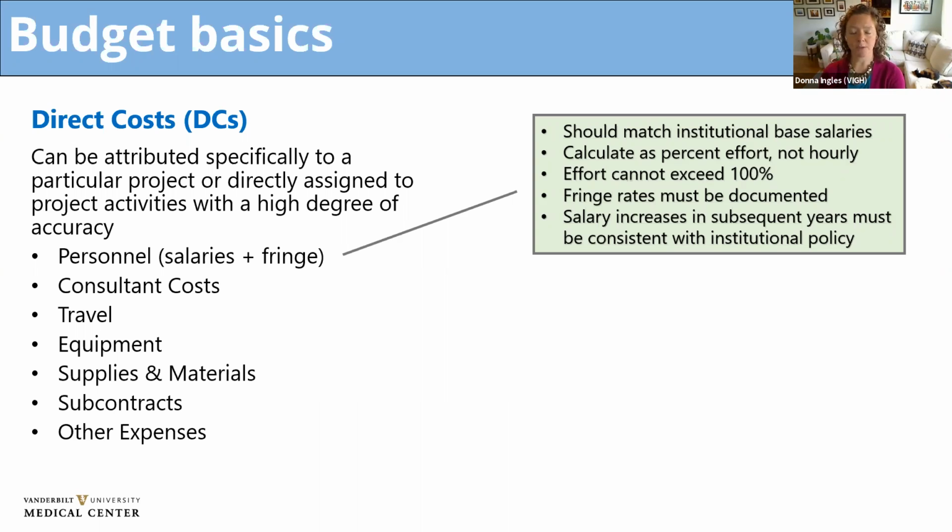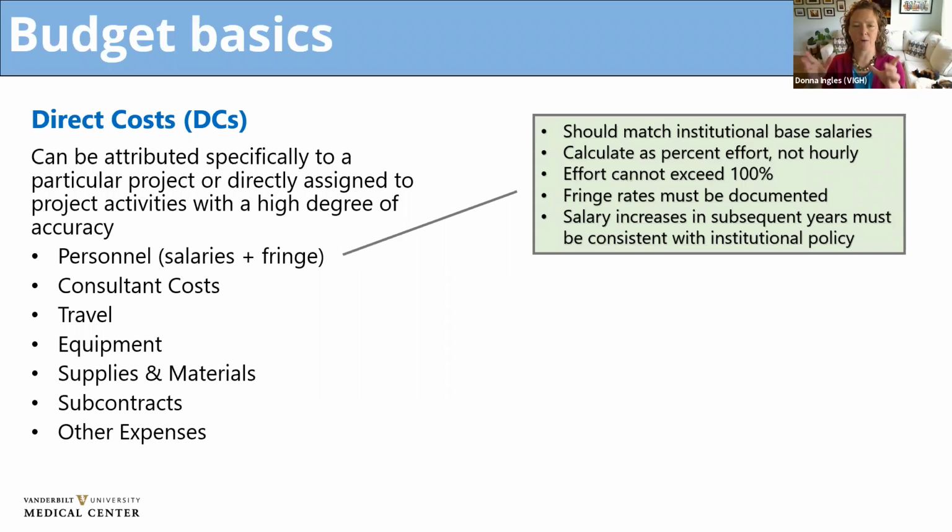Fringe rates must be documented by your institution. So if you're going to request fringe or benefits, they have to be something that's actually utilized at your institution. And then this final one, salary increases. The NIH has said that they won't necessarily honor salary increases in subsequent years of a grant.